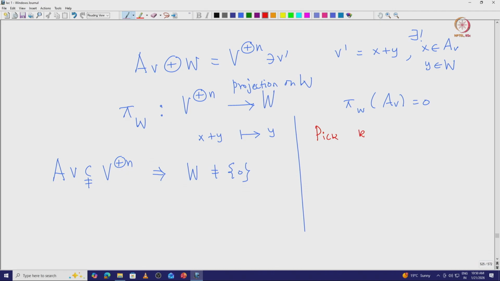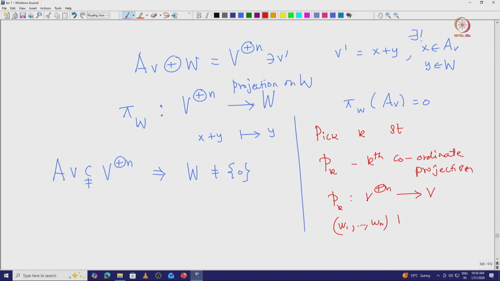So, what we do, we pick this k such that you look at this Pk, which is the kth coordinate projection, and that actually maps this V direct sum n to this kth coordinate V. So, you take for example, W1 etc. Wn, and then this is mapped to Wk under this kth coordinate projection.